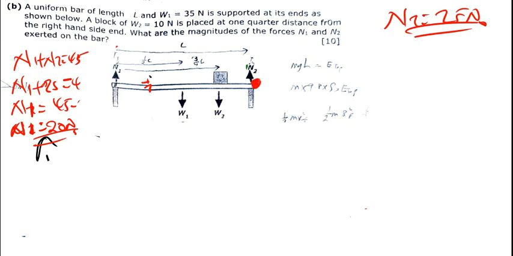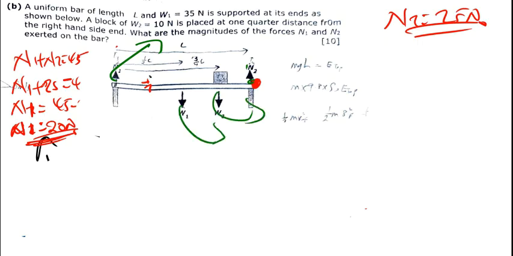Again, if I take this one as my pivot, meaning N2 is not going to be considered, now I want to find N1. You can either use that method which I've just used there, or you can follow the one I'm going to use right now. So if this is my pivot, this is going to be pushing this guy in that direction, then these two are going to be pushing it in this direction.